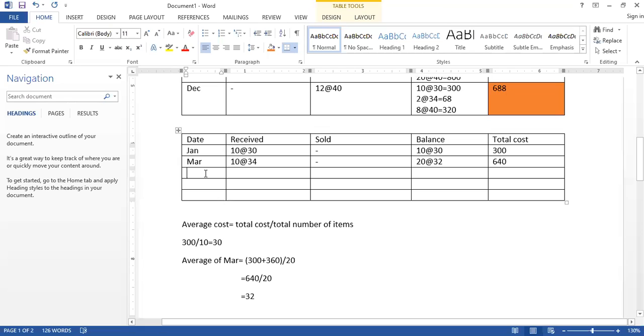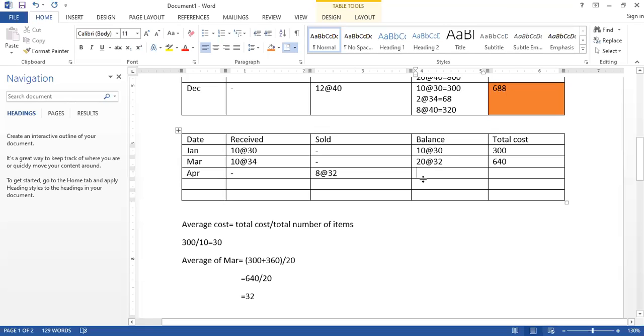And then we move on to April. So what did we do in April? We sold 8 items. We did not buy anything, but we sold 8 items. Right? So 8 at the price of how much? Of 32. So we are now using our 32. You see how simple it is? Very easy compared to the other ones even. So we sold out 8 items at the price of 32.